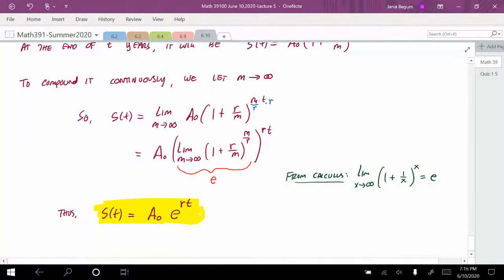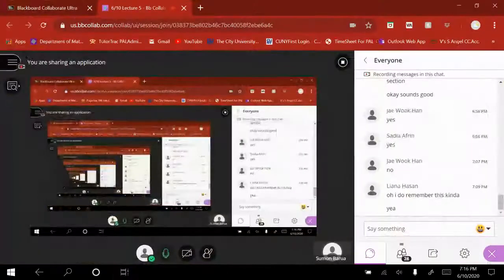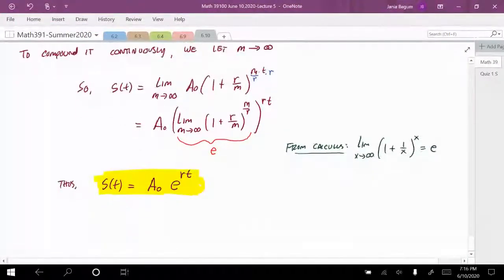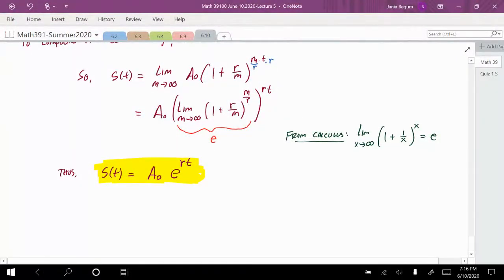But of course, we want to apply the method of differential equations to get to this solution, right? So let's do that. We know the solution, how it looks like, but let's do it in our way. So in our course, we're going to solve it the following way. We're trying to find the solution to ds dt is equal to r times s, where r is a constant.